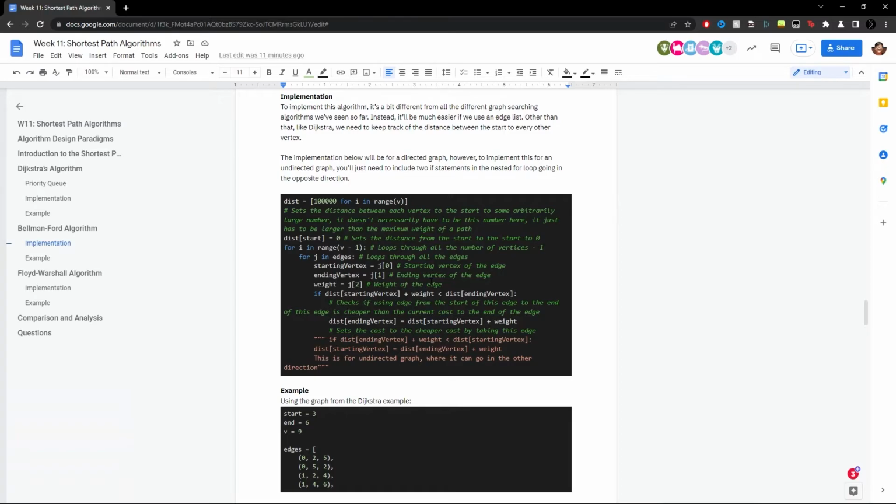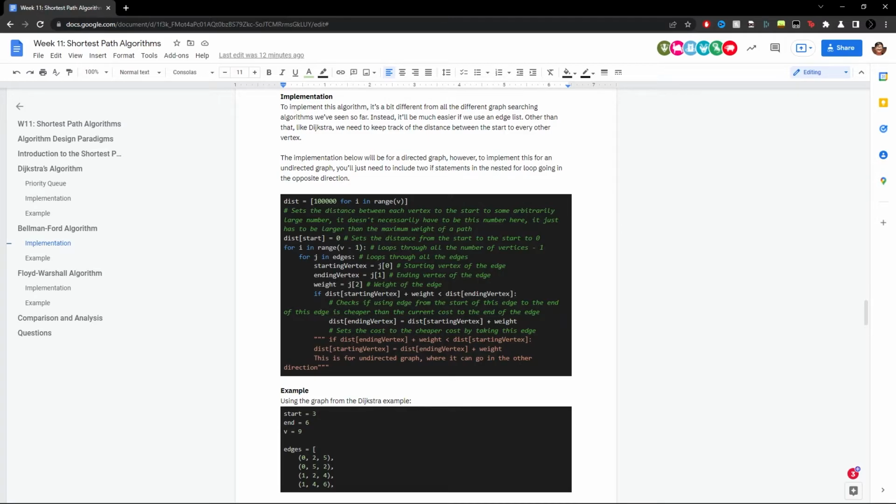And if that is less than the current known distance to the ending vertex of the edge, then we know that taking this edge is cheaper to get to this ending vertex. So we set the distance to the ending vertex as the distance to the start vertex plus the weight.